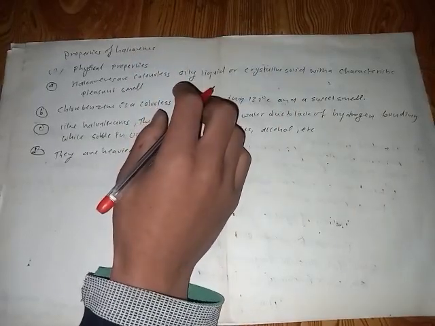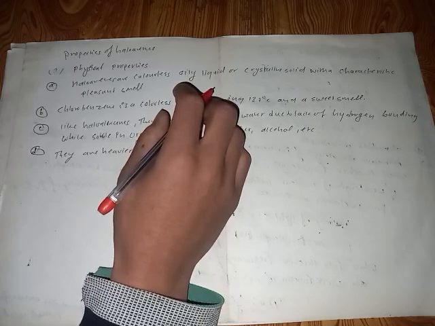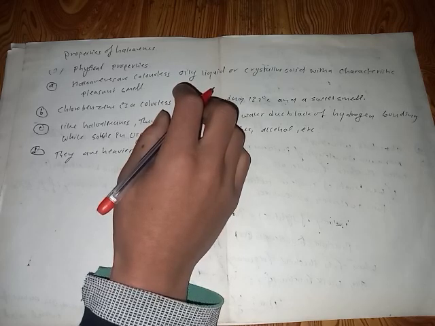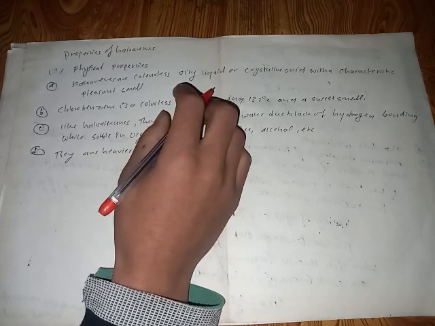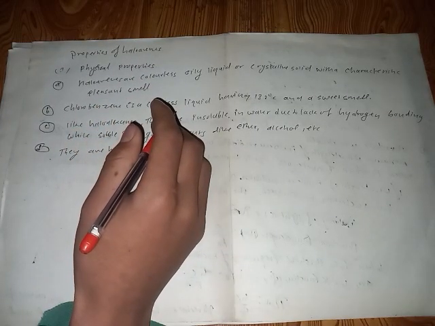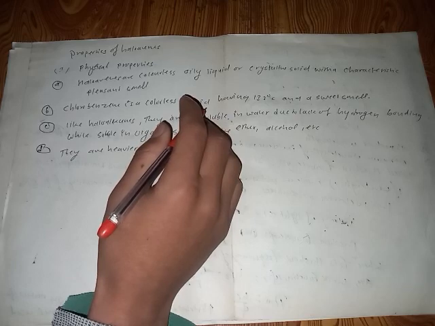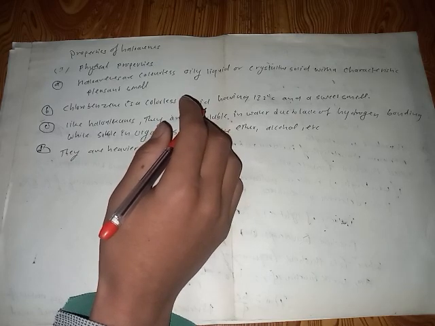So the melting point of 1,4-dichlorobenzene is higher than 1,3-dichlorobenzene and 1,2-dichlorobenzene, where 3 means meta, 2 means ortho, and 4 means para.